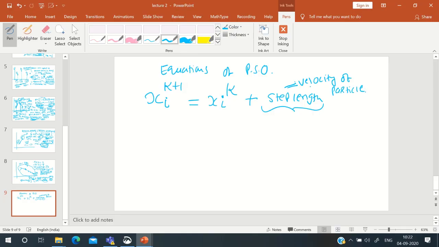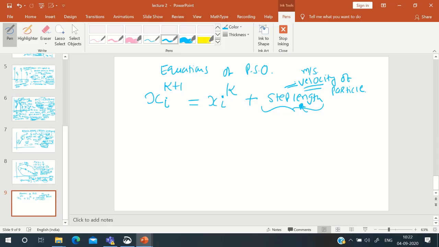See, there is no relationship between the velocity concept which we studied earlier in 12th standard, right? Because its unit is meter per second. In this case, there is no unit like meter per second. So don't correlate with that concept. In PSO, velocity means step length.